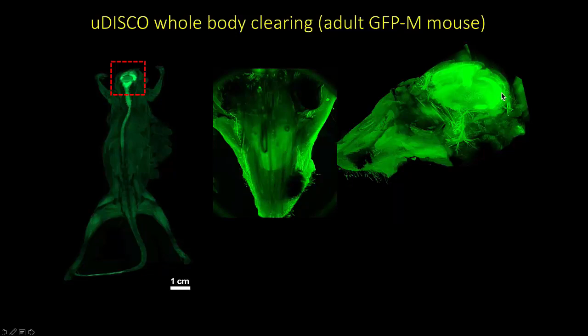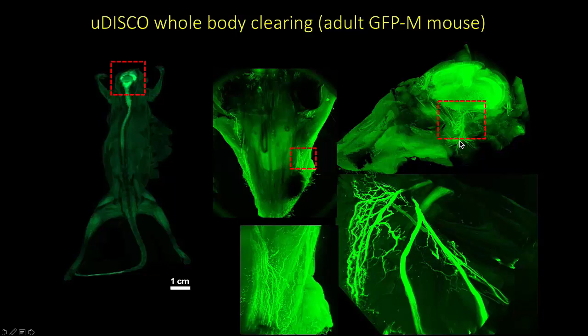Here is the brain, and you can see the nerves going to the eyes. Let's zoom in: the ones going to the eyes, the ones going to the whiskers. So basically you have really individual axon resolution, subcellular resolution. You can see tiny parts of the axons, even tiny fibers of axons everywhere in the head.